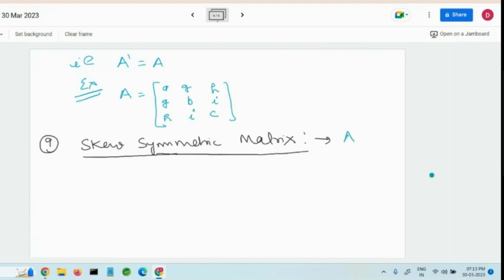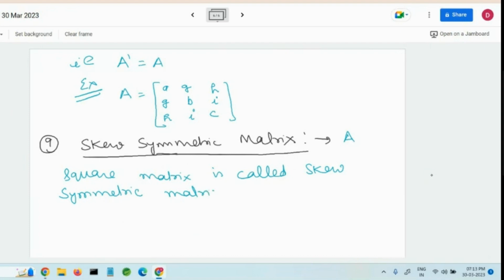A square matrix is called a skew symmetric matrix if the first condition is Aij is equal to minus Aji for all i and j.